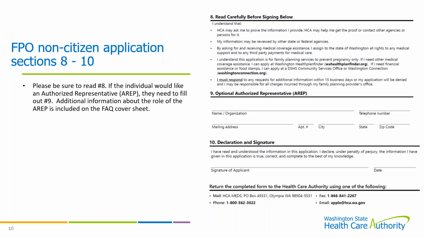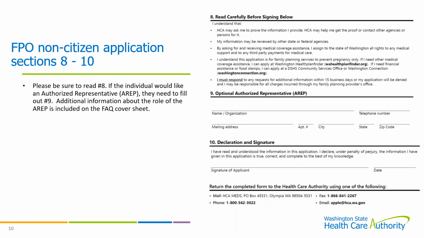Any other questions or comments from our staff or partners? Christina, I just want to comment that I appreciate the work the HCA team has done to streamline this application to make it more user-friendly for non-citizen applicants.